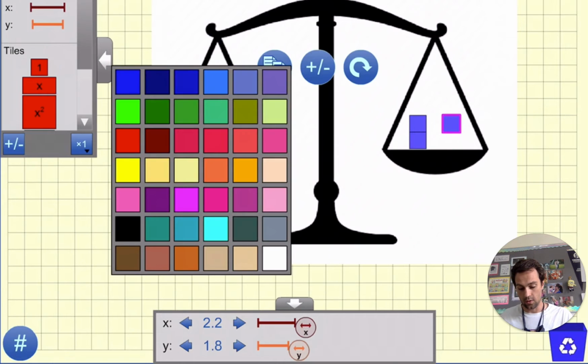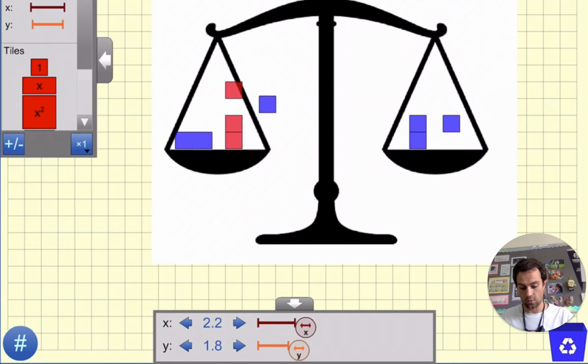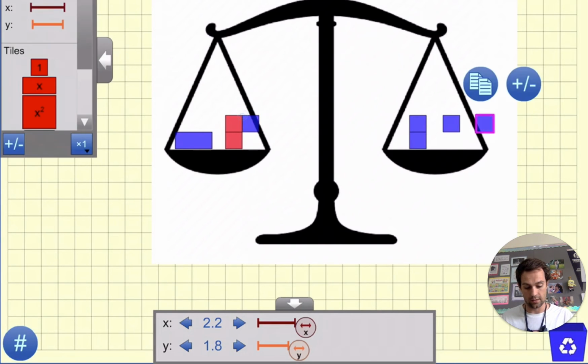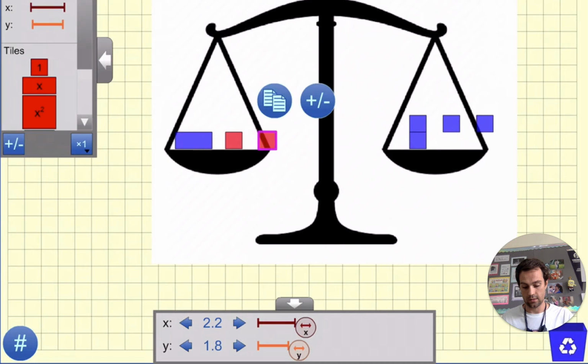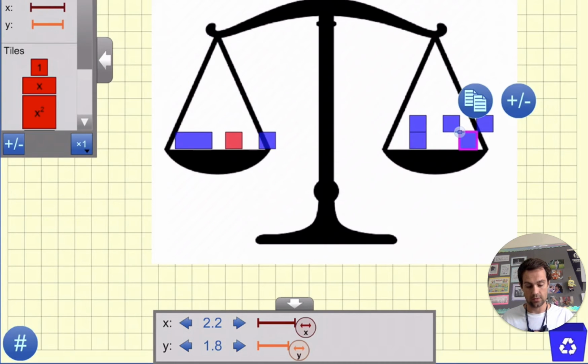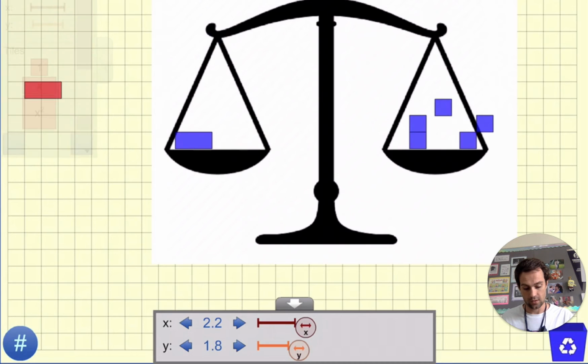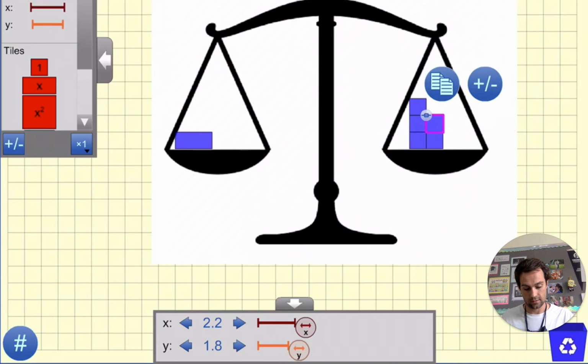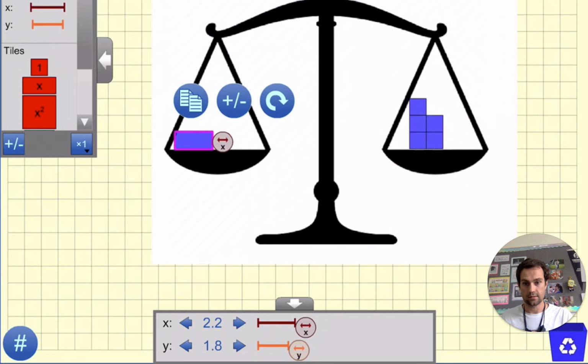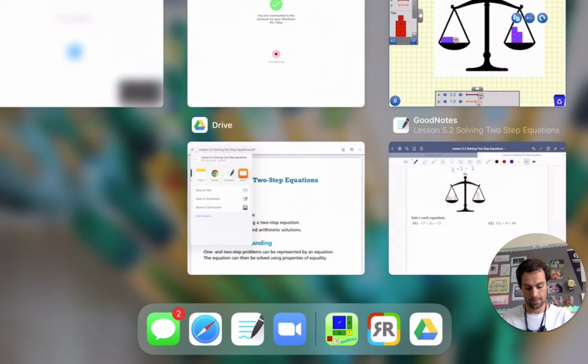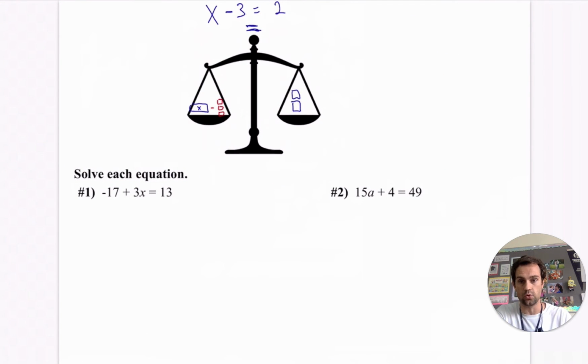We'll notice what happens with this one and this one. They cancel out. If we add another 1 to the left side, we need to add a 1 to the right side. So we can see that x is equal to 5.